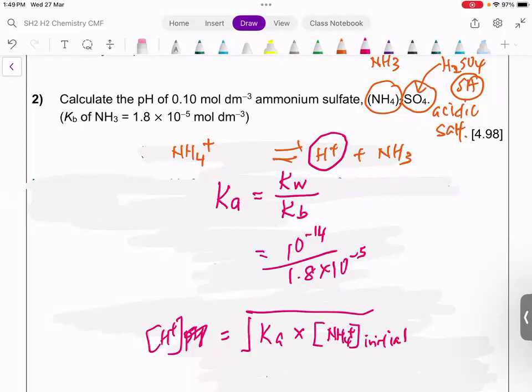I already know my Ka. Do I know the initial concentration? So what is the initial concentration of ammonium? Is the initial concentration of ammonium 0.1?